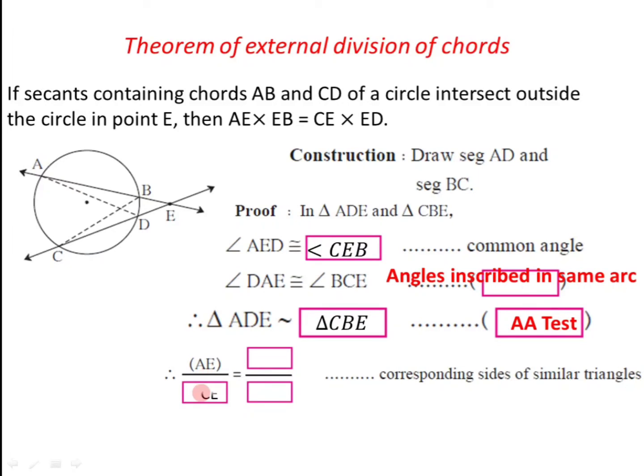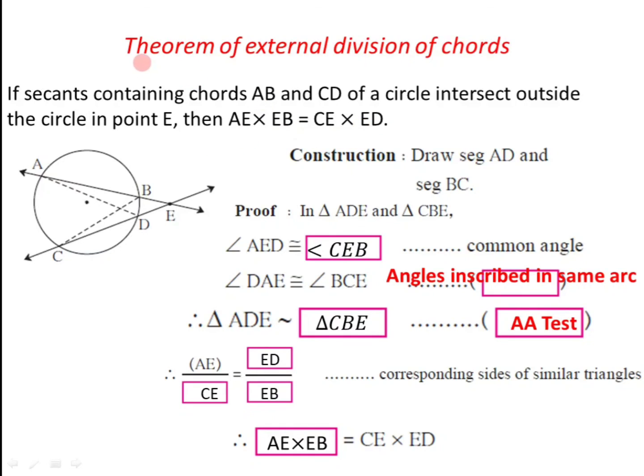So AE divided by CE is equal to ED, the third vertex side of the first triangle, divided by EB, by corresponding sides of similar triangles. If we cross multiply, we get AE into EB equal to CE into ED. That is what we wanted to prove.